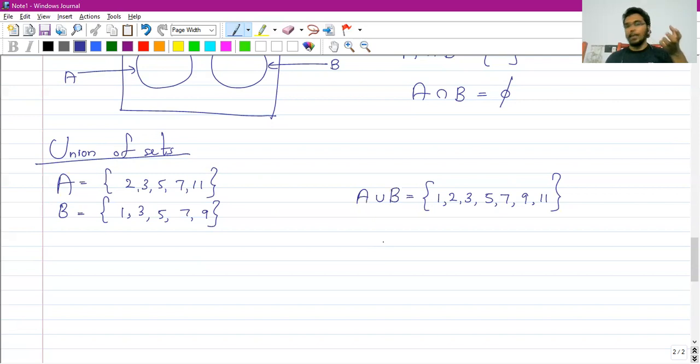Again, try to remember, intersection means only the common elements for both of these sets, or a few other sets. Union means all the elements in both or all of these sets.